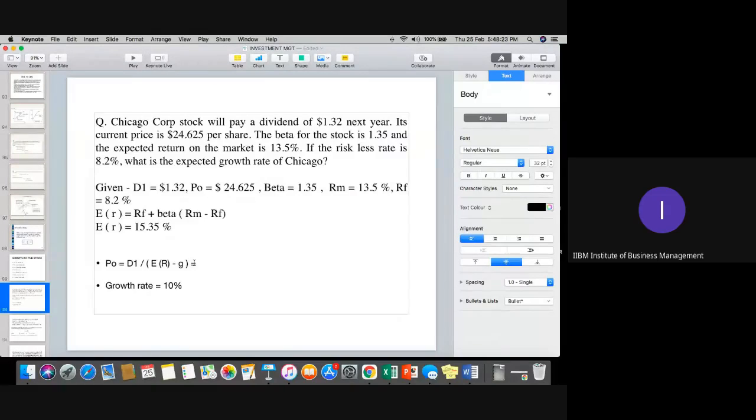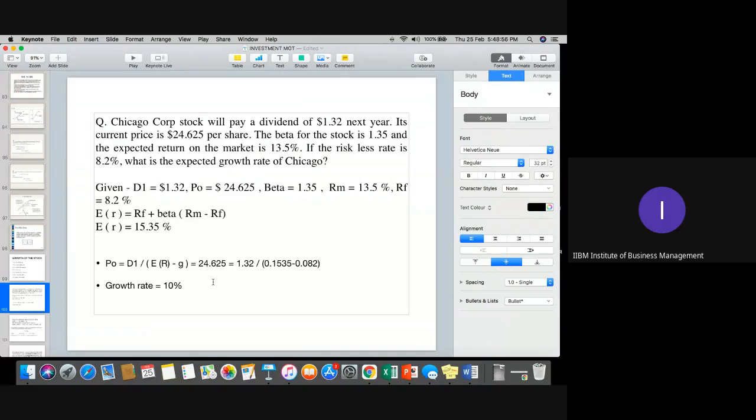P0 is 24.625 equals D1 1.32 divided by ER 15.35, so 0.1535, minus G. Sorry, minus RF risk free return, that is 0.082. Clear? You will get 10% answer.